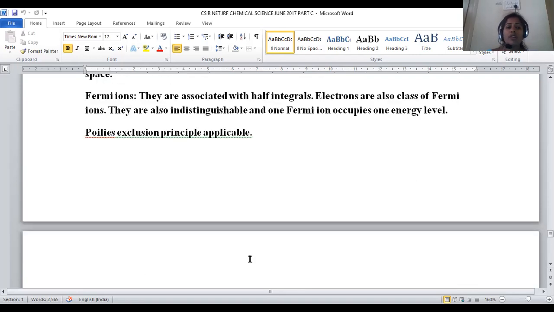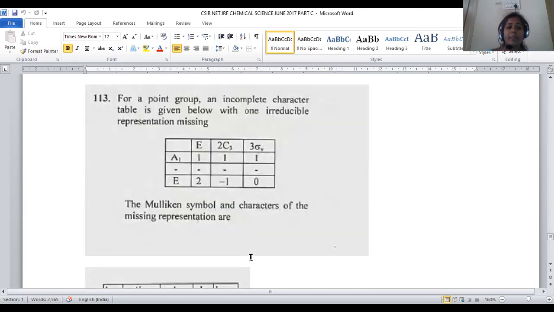Let us move on to question number 113, where point group symmetry elements are provided and an irreducible representation table is also provided to us. For a point group with an incomplete character table given below, with one irreducible representation missing, we have to predict what is coming in this middle one.